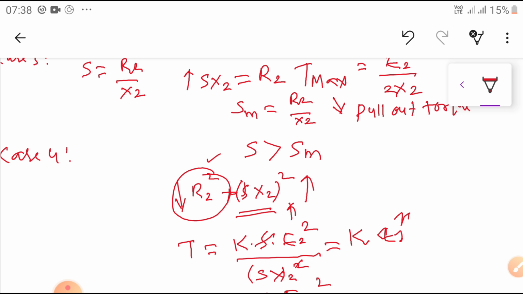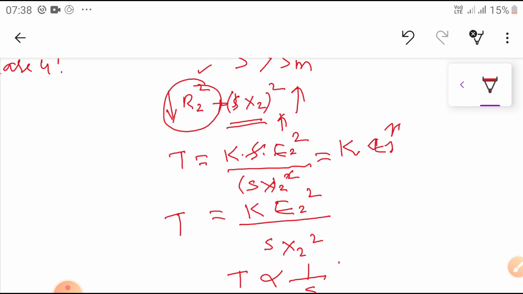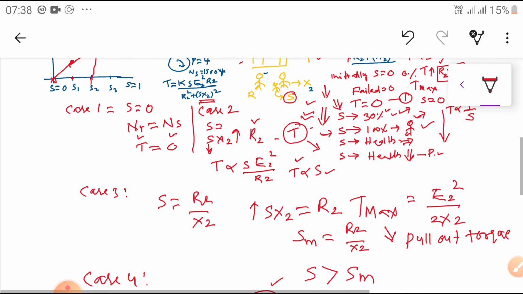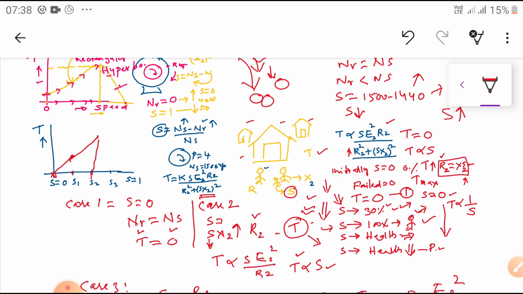Then the torque is directly proportional to K into E2 square by Sx2 whole square. Then T is inversely proportional to 1 by S. So if the slip further increases, that means S increases from this value to this, then the torque goes on decreasing.